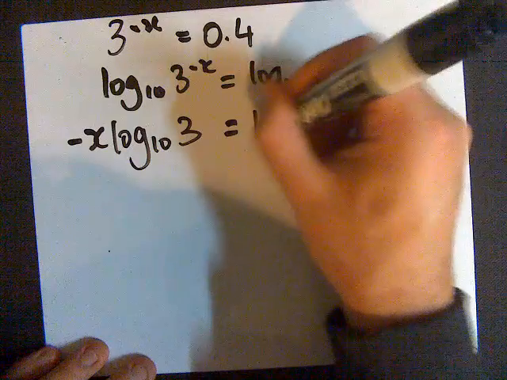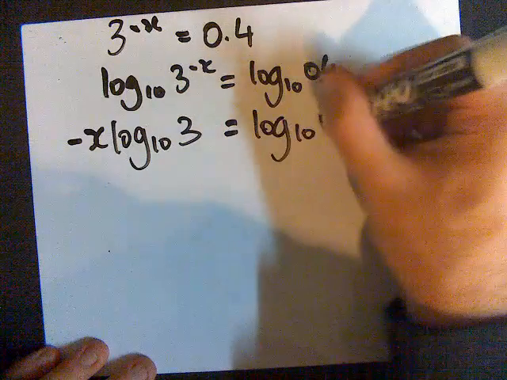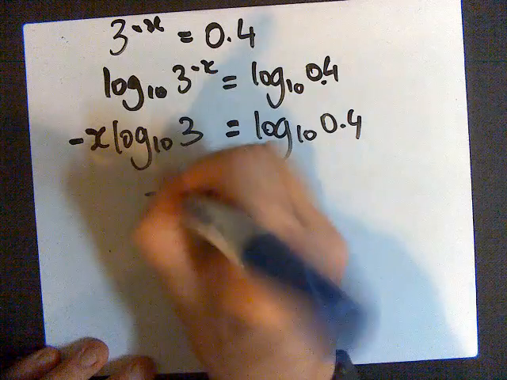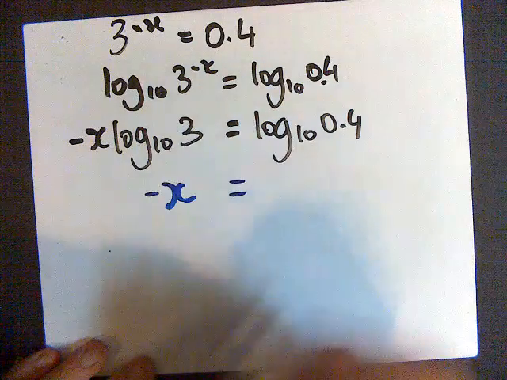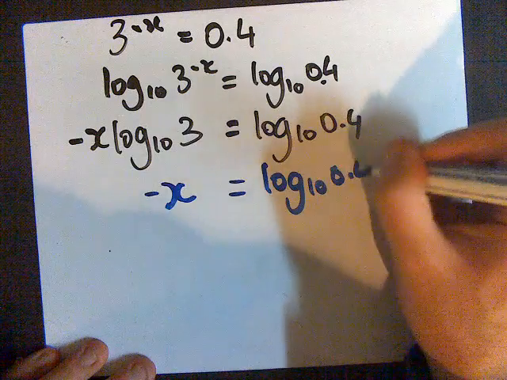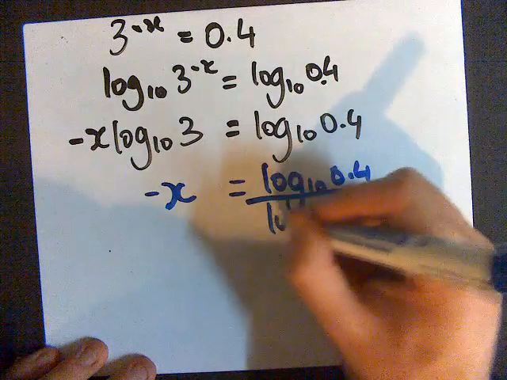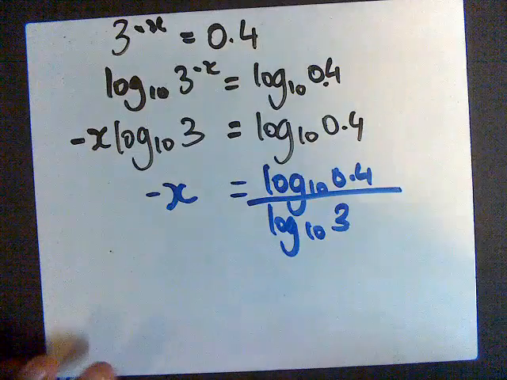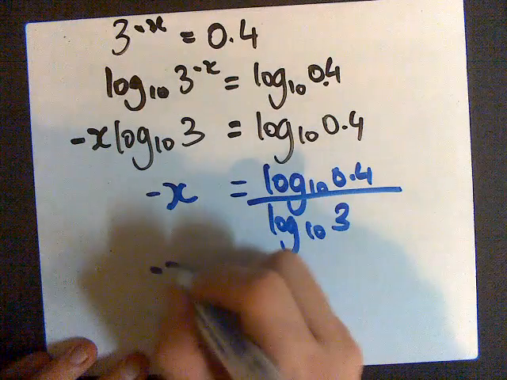So that's just negative x times log base 10 of 3 equals log base 10 of 0.4. I'm going to divide this one over, so negative x is going to equal log base 10 of 0.4 divided by log base 10 of 3.